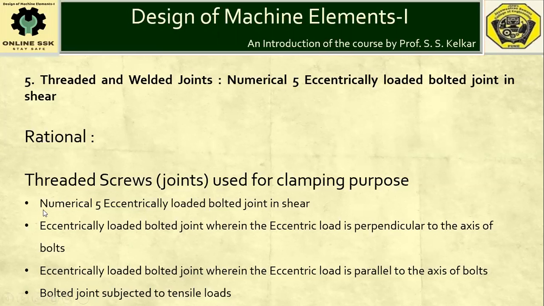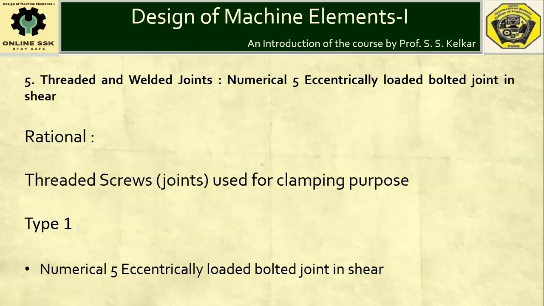The first type is eccentrically loaded bolted joints where the load will cause shearing of the bolts. The second type is eccentrically loaded bolted joints wherein the eccentric load is perpendicular to the axis of the bolt. The third type is eccentrically loaded bolted joints wherein the eccentric load is parallel to the axis of the bolt. And the fourth type is bolted joints subjected to tensile loads.